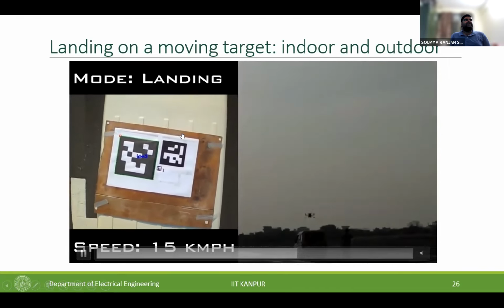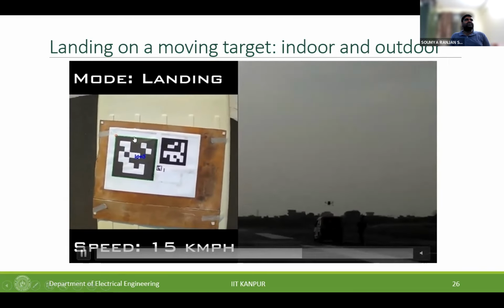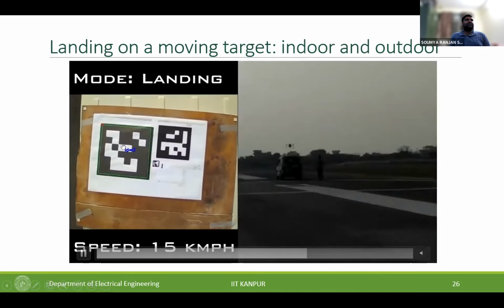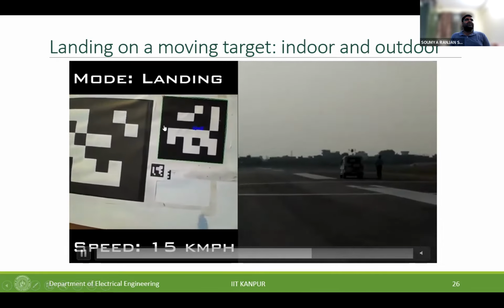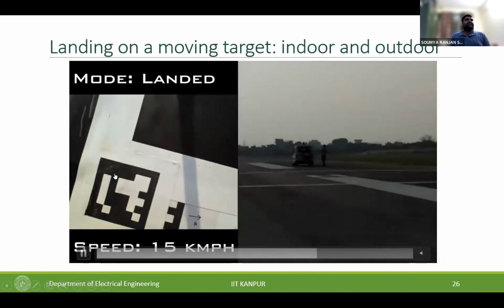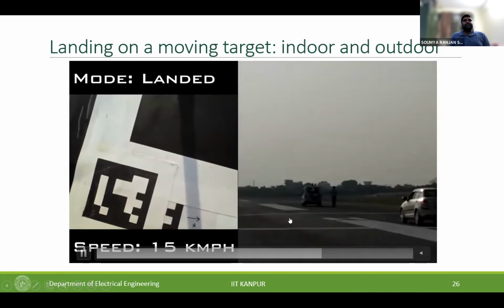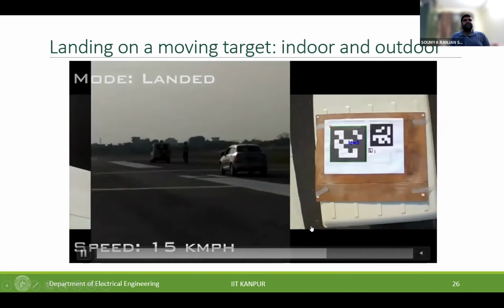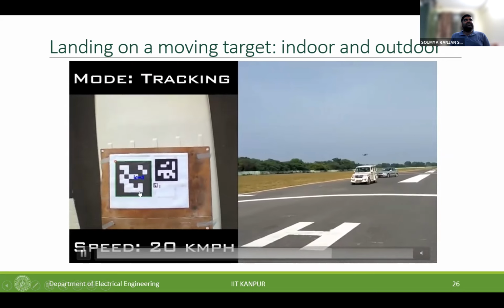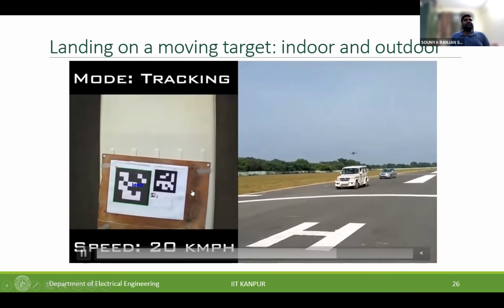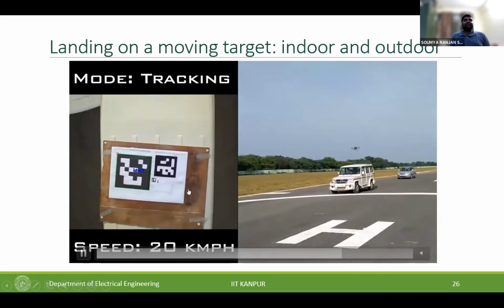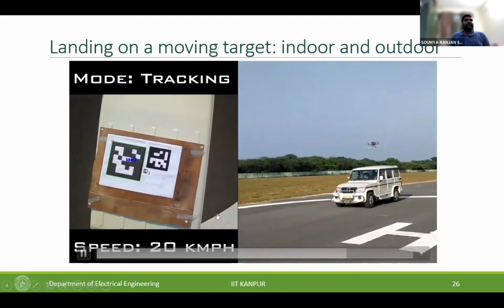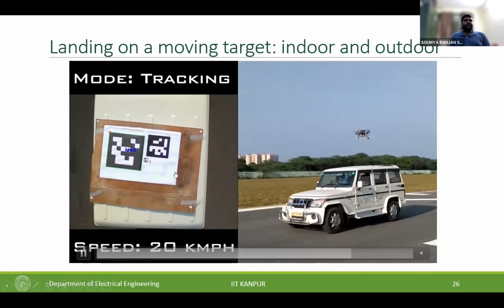So it's still tracking. The tracking is based on the bigger marker. Now it has started to land. So you see the ARUCO markers change, and finally it lands on the smallest one. So this is with 15 kilometers per hour, and the similar experiment was repeated for a 20 kilometer per hour vehicle speed.